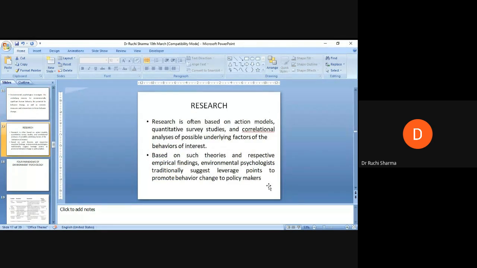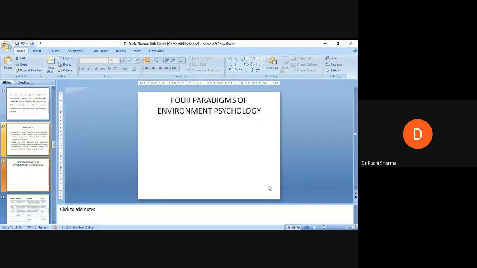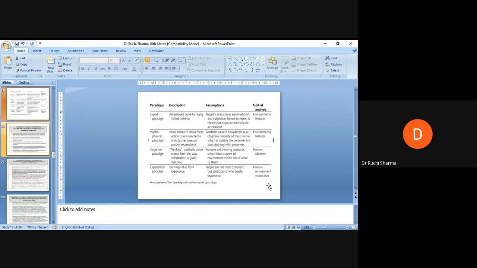Various research has been done, and this research is often focused on action models, quantitative survey studies, and correlational analysis of possible underlying factors of the behaviors of interest. Based on such theories and respective empirical findings, environmental psychologists traditionally suggest leverage points to promote behavior change to policymakers.